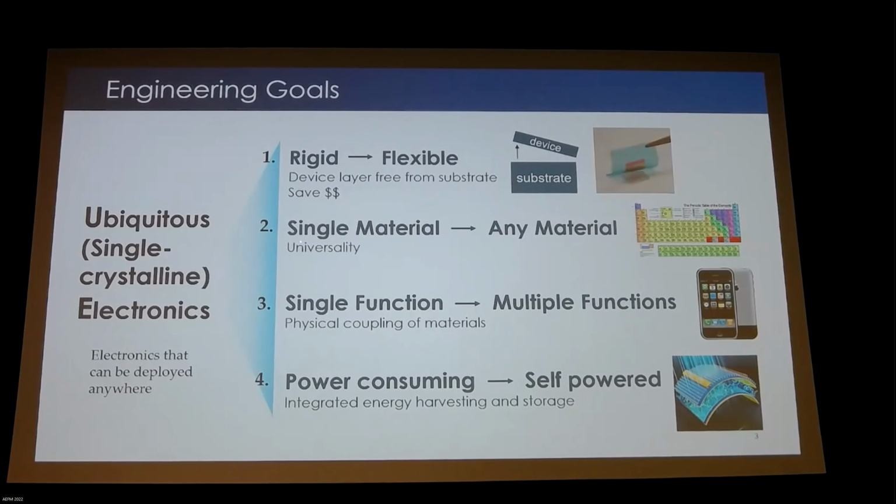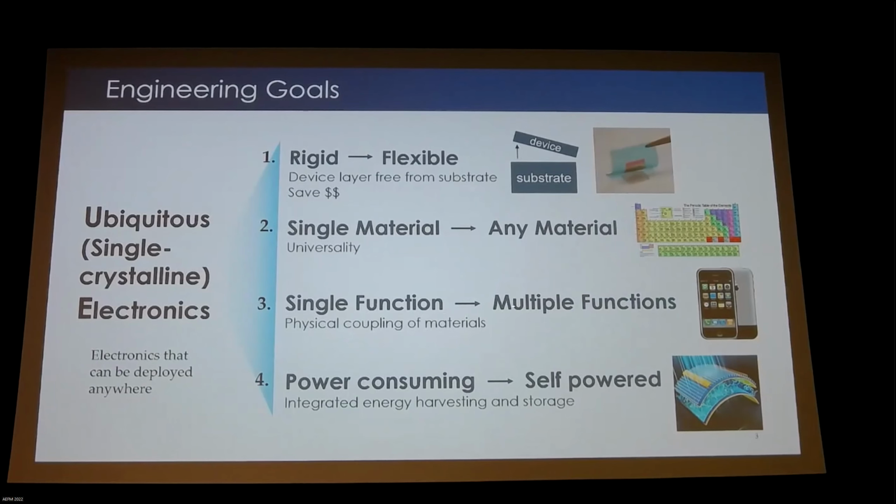The second engineering goal is to be able to use any material in the periodic table as opposed to a single material. Today, only one material is very efficient for one type of device, but if we can use any material in the periodic table, then we can create ubiquitous multifunctional devices, and that's the next engineering goal.